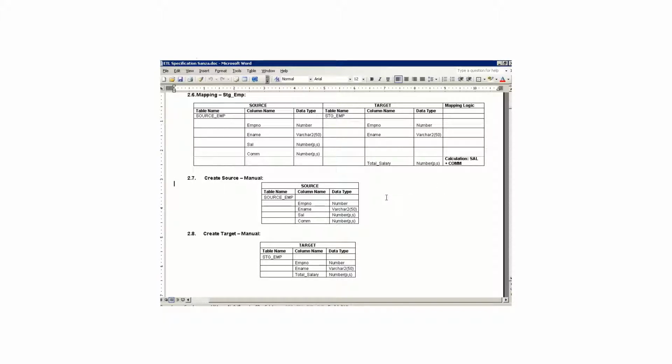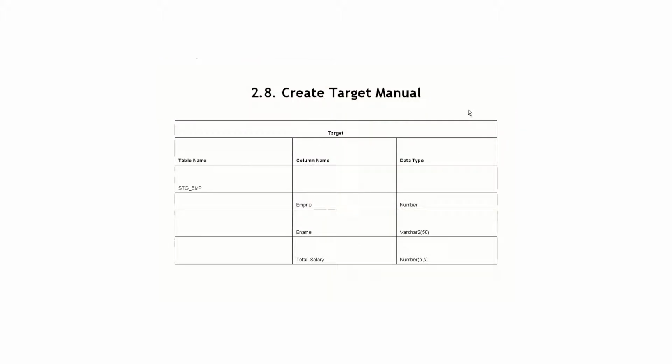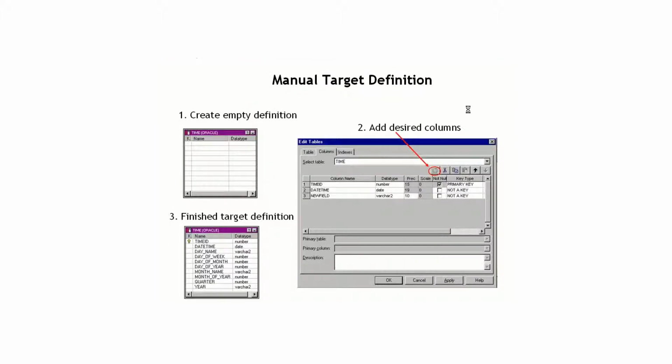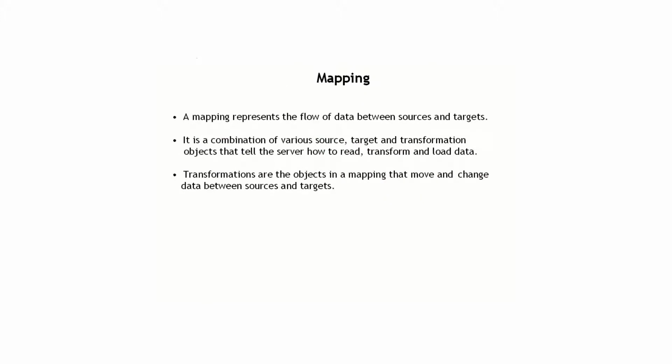But we need to create the total salary. We have to calculate the total salary, that is salary plus commission. So this is how you define the structure and the column names of your target definition.